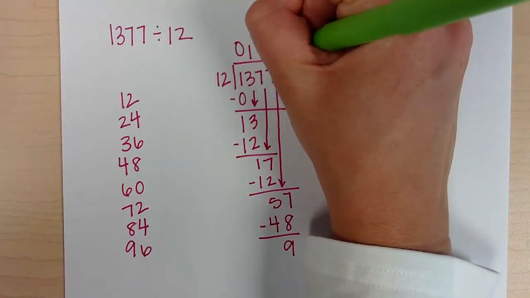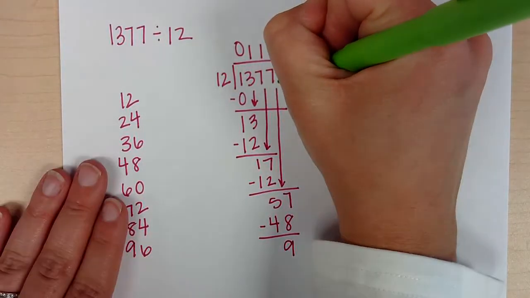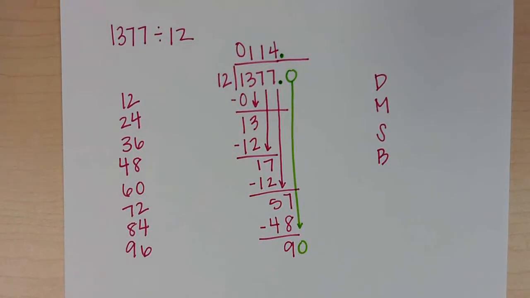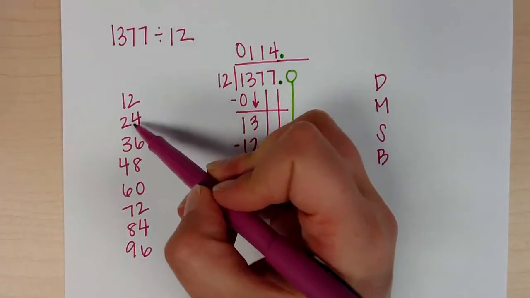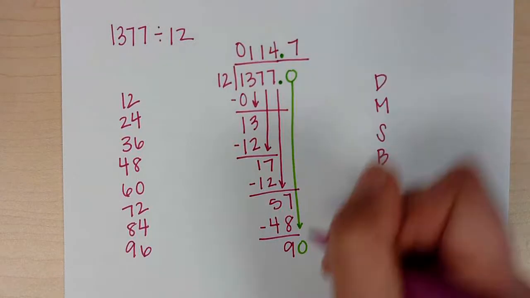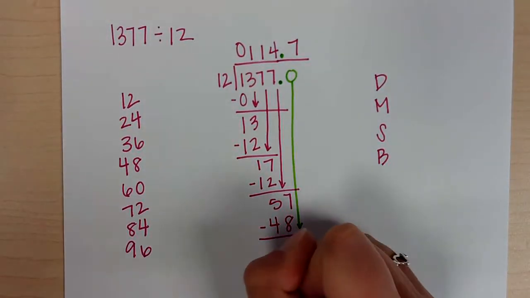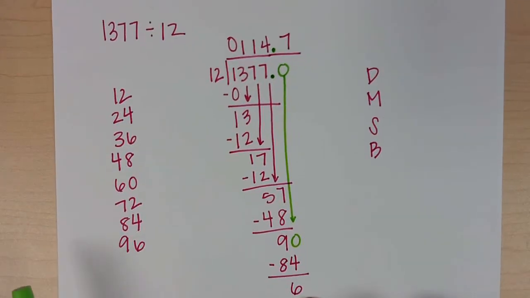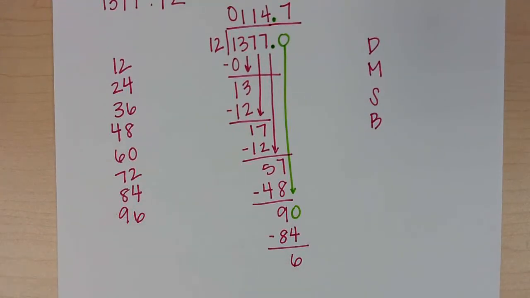I bring a decimal here and I bring down my 0. All right, how many times does 12 go into 90? Well, it goes in 1, 2, 3, 4, 5, 6, 7 times. 12 times 7 is 84. Subtract. 6. All right, I still have a remainder here, so I need to keep dividing.